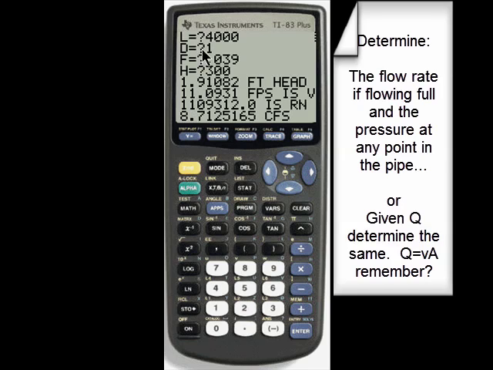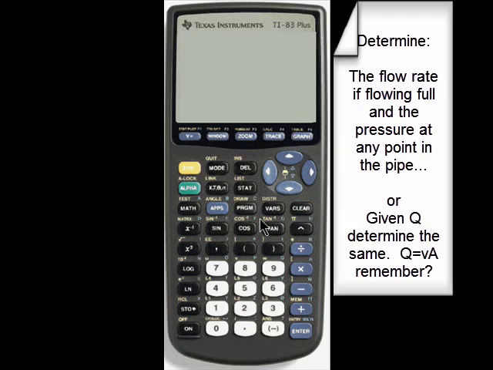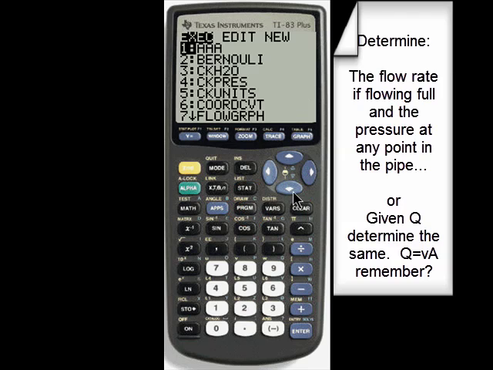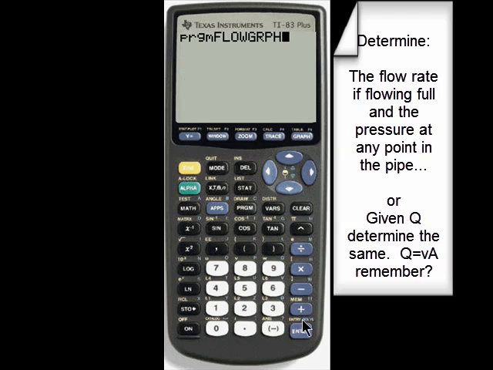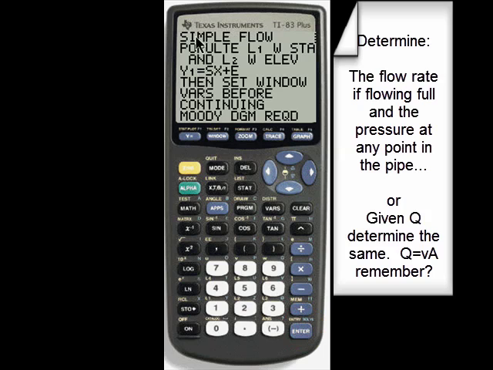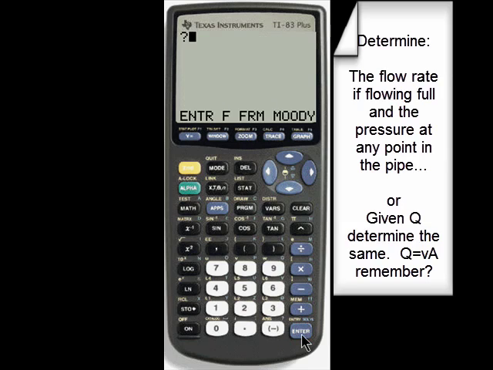So you write down these numbers, hit clear, and you then go to program Flow Graph. 1.91 was the velocity. Flow Graph will tell you to do what we just did. F from the Moody was 0.039. Your velocity is 1.91.